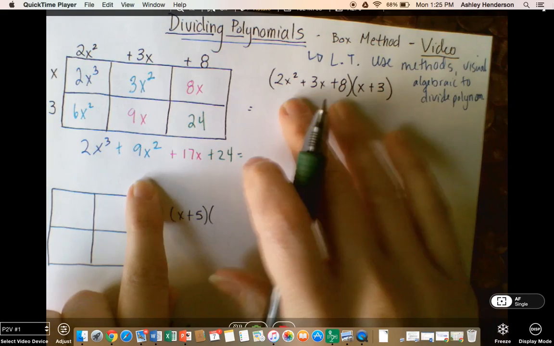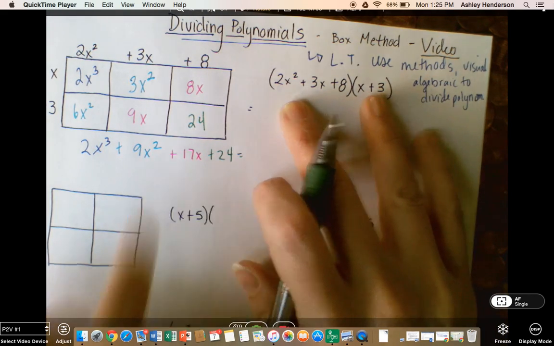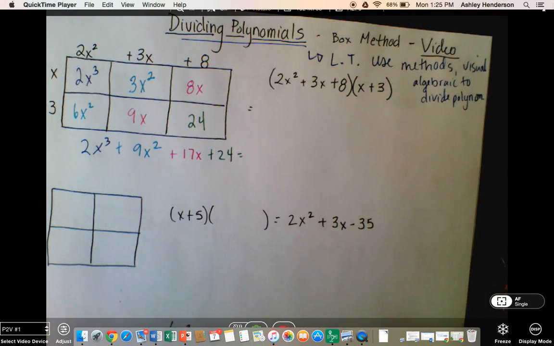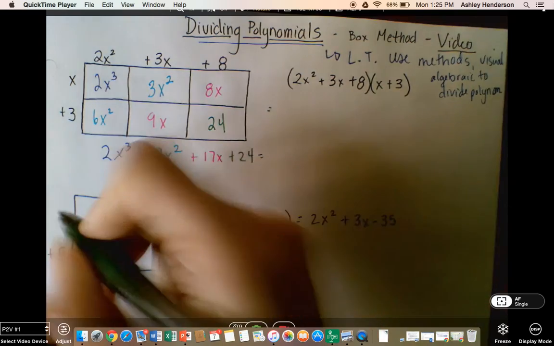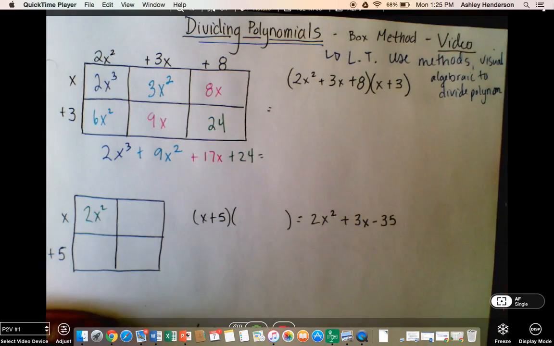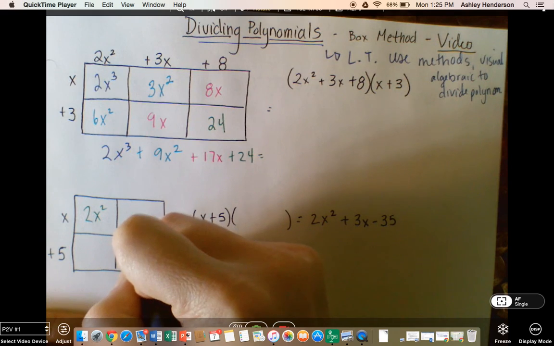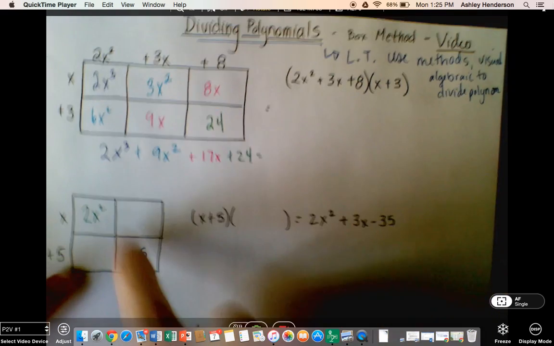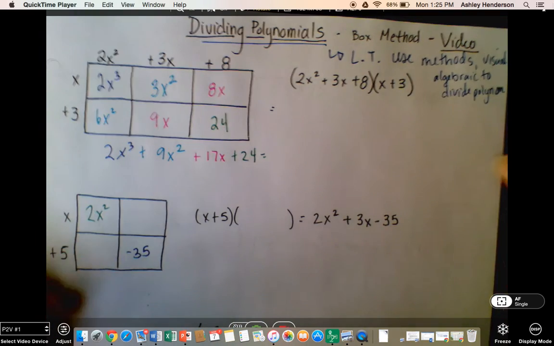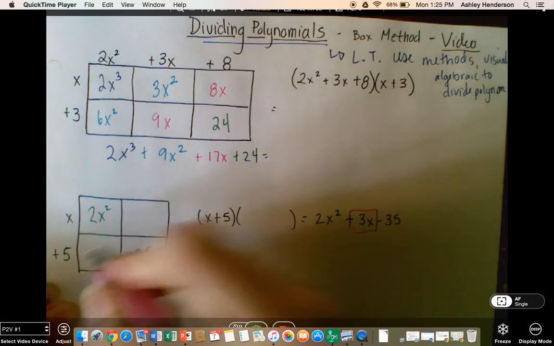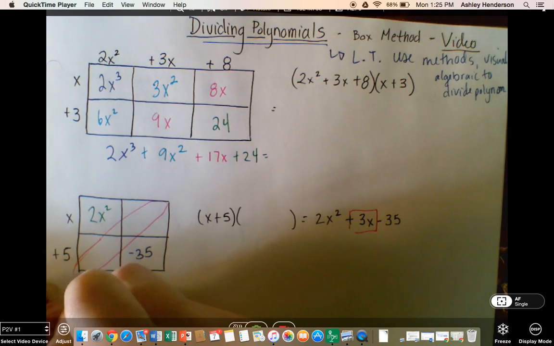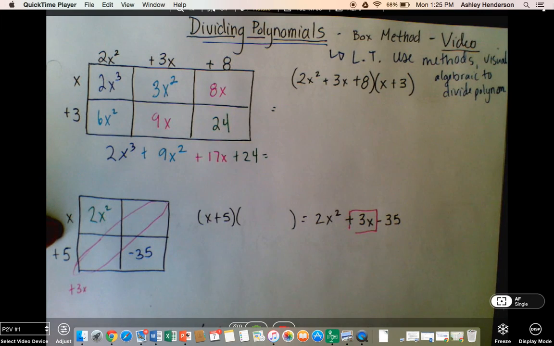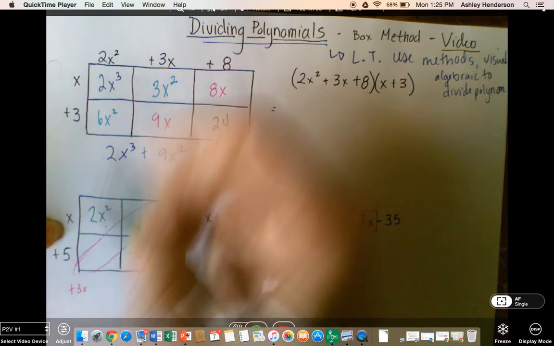So my cubic was created from this. What we're going to do is see if we can go backwards, kind of undo the process. So let's say I know that I have 2x squared and negative 35, and then I have two numbers here and here, which should give me positive 3x when I add them together. Backtracking, x times what is 2x squared?